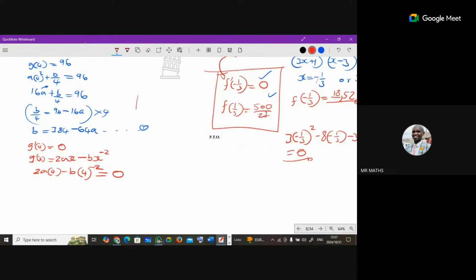We are going to have what? 2 multiplied by 4, 8a. Then here 4 squared is 16. Because of that negative, it's going to be 1 over 16. So it's going to be negative b over 16.